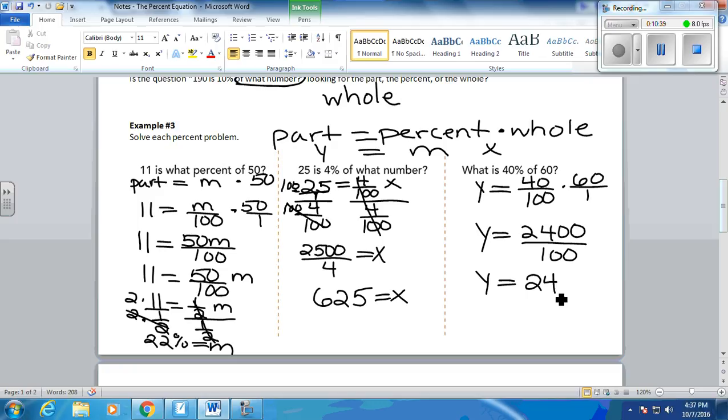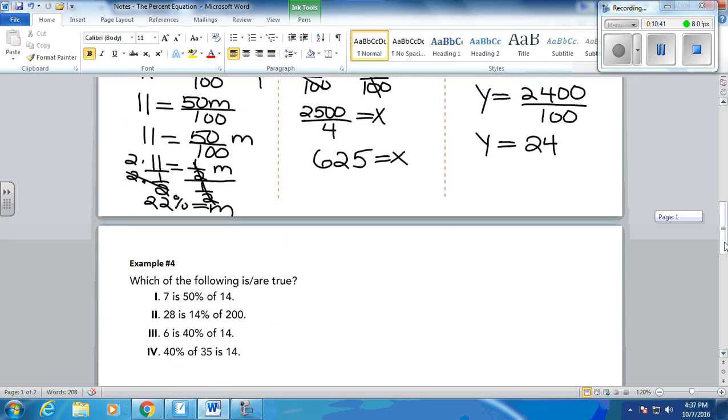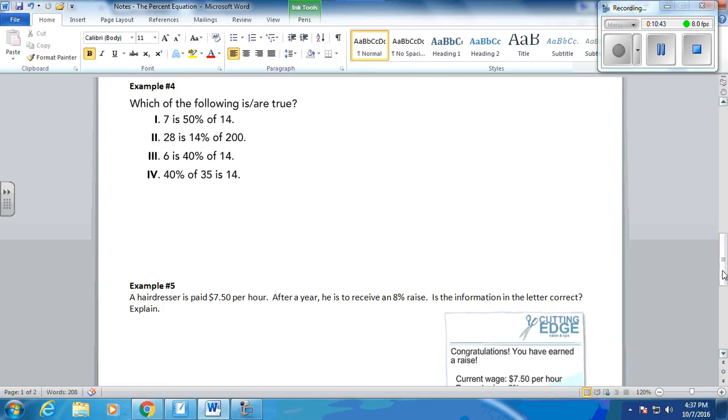Flipping the paper over, it says which of the following is or are true. So there could be one correct answer, there could be more than one. We're going to set up our work, we're going to do all 4 of these. When I notice this, it says 7 is 50% of 14. So there really isn't anything that I need to find, I just need to figure out if all of this is true. So I'm going to label my work, and if it says 7 is 50% of 14, 7 is my part.